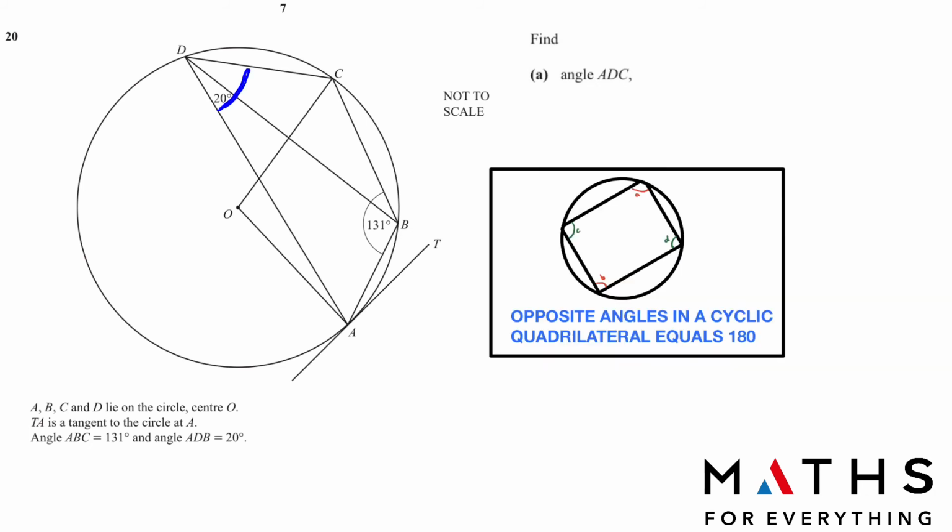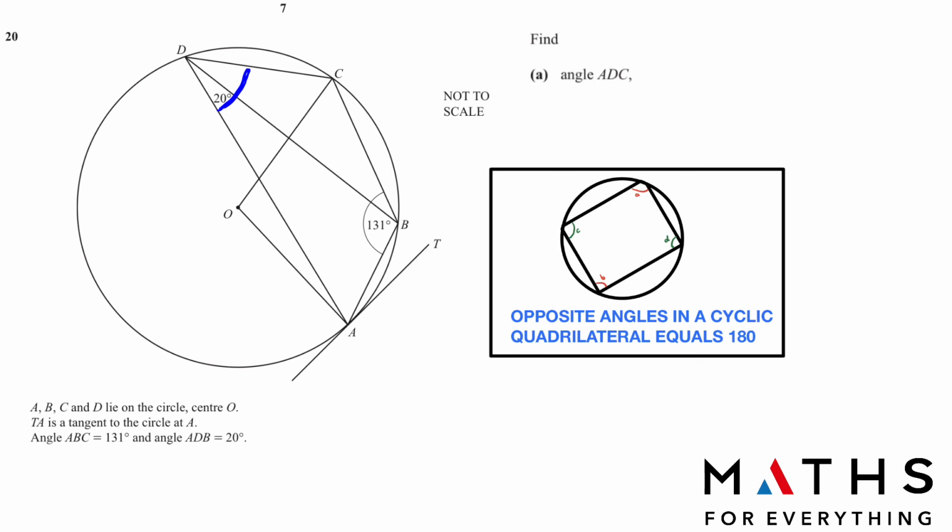Here we are going to use opposite angles in a cyclic quadrilateral equals to 180. That means a quadrilateral has 4 vertices and all the 4 vertices must touch the circle. And if it does, then the opposite angles, when you add them, are equal to 180. This is sometimes presented in a little tricky way.